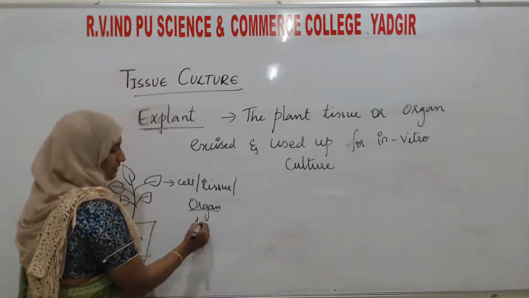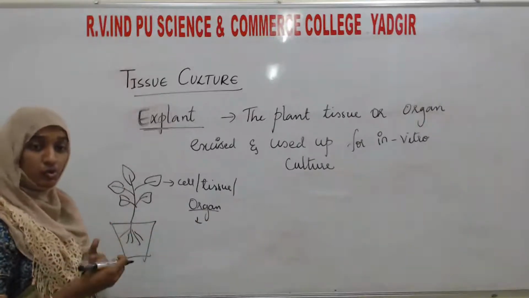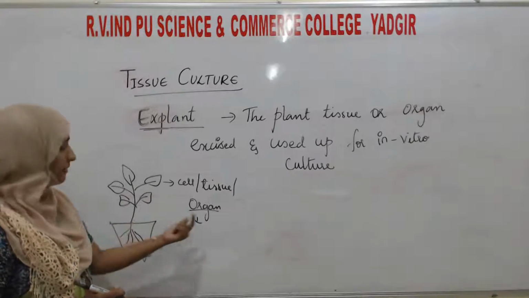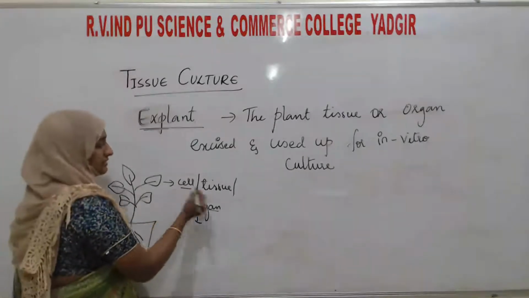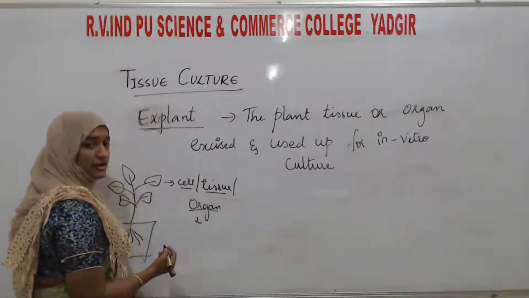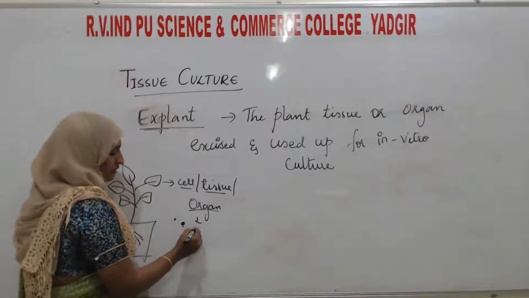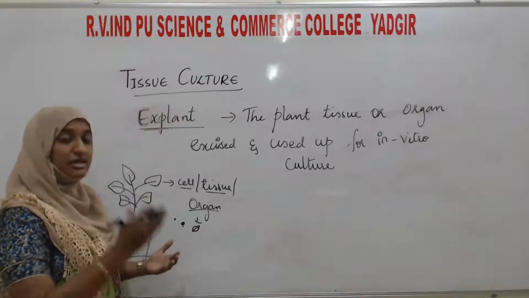Organ means they will take the full leaf, root, stem, shoot, anything from the plant body, that we call the organ. Either they take the cell, tissue or organ. See, this is the cell, this is the tissue and this is the organ. Like this they are going to cut.